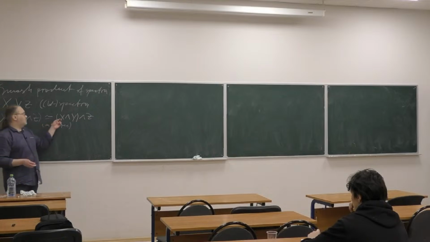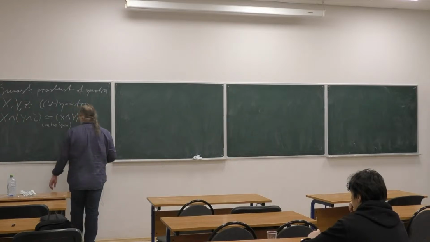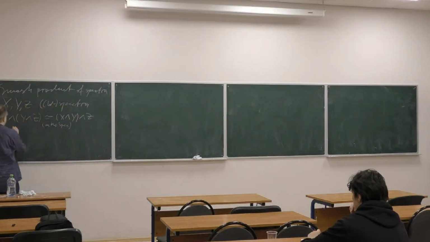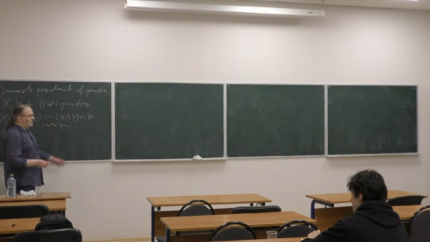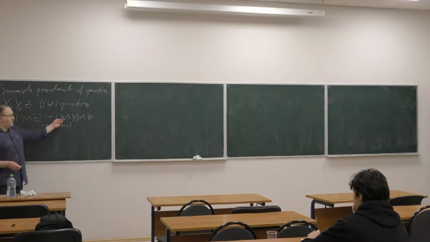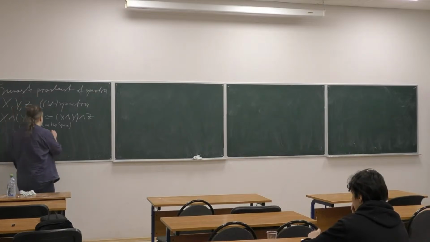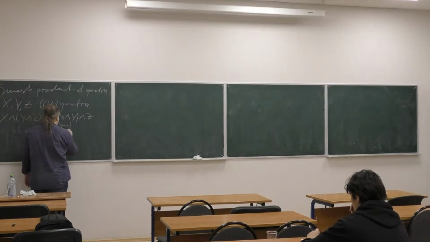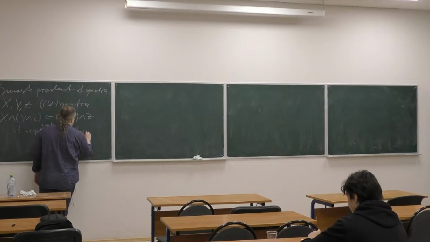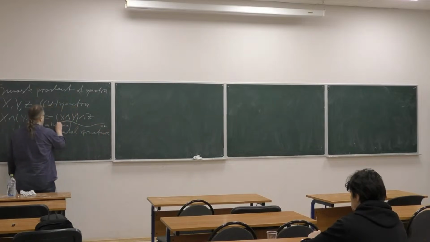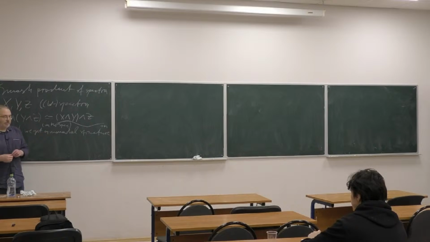So we want to have isomorphisms between the two ways of putting the parentheses in the product, so that we get a monoidal structure on the homotopy category, at least.